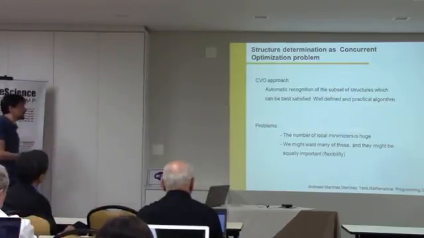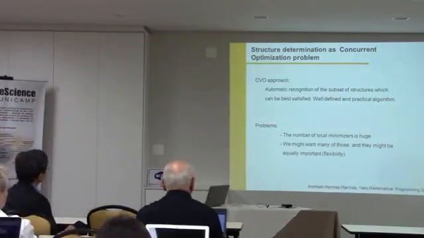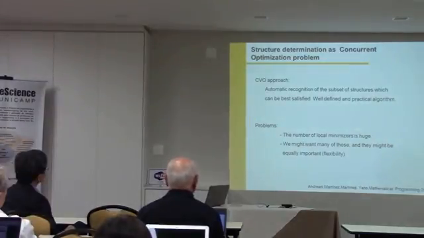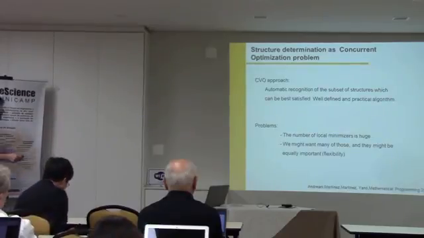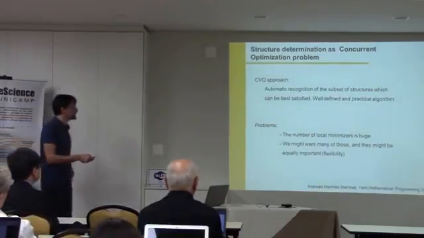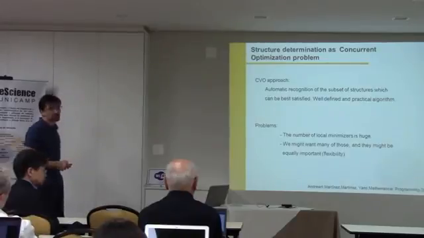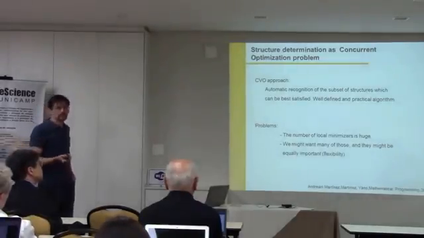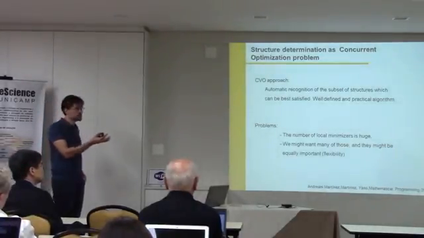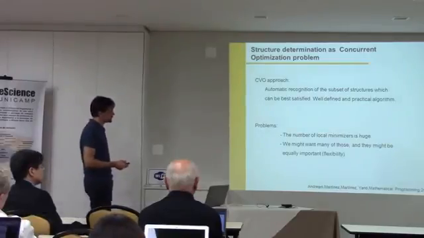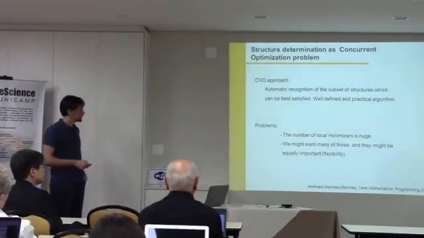With this approach, this is ongoing work. We have now obtained the first results, but I could not put them in this slide yet. We have an automatic recognition of the subset of constraints that can be satisfied by each structure, and we have defined a practical algorithm that can at the same time recognize the structure and the constraints that have to be assigned for that experimental data.